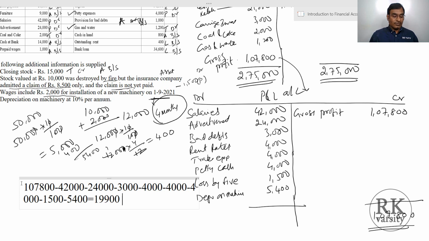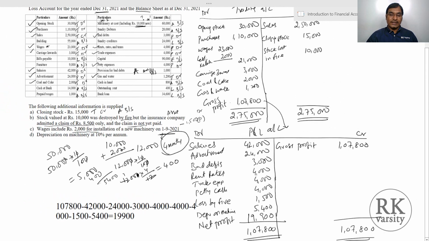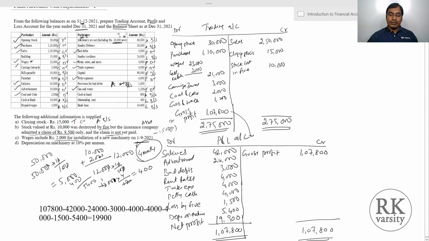So this gives you 19,900. That is your net profit, 19,900. So with this you are done with preparation of the trading account and profit and loss account.